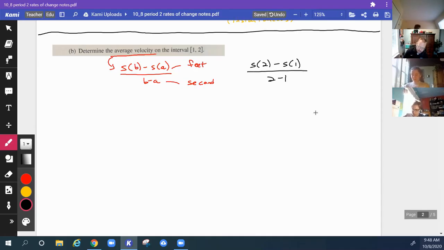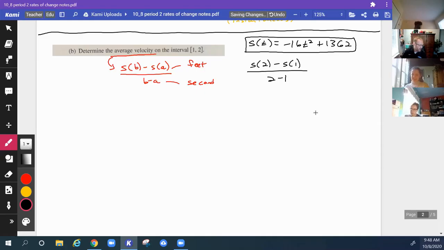All I'm doing is taking the position function that we calculated. It's off screen now, but it's negative 16t squared plus 1362. So this is what I want to calculate.